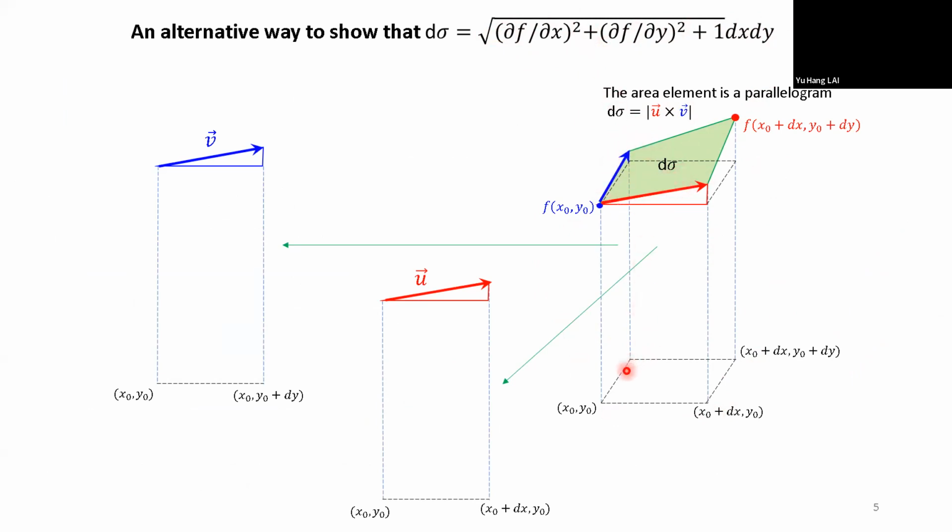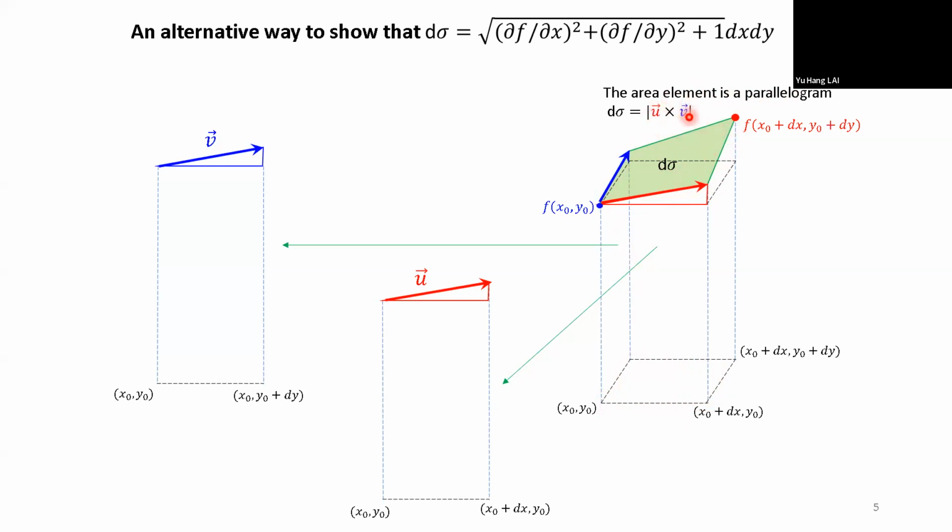Of course, this is the dx dy, this is the dA, and this is a tilted surface. If it is small enough, this is close to a parallelogram, so this green one. And if it is very close to a parallelogram, then I can use this formula to calculate its area.